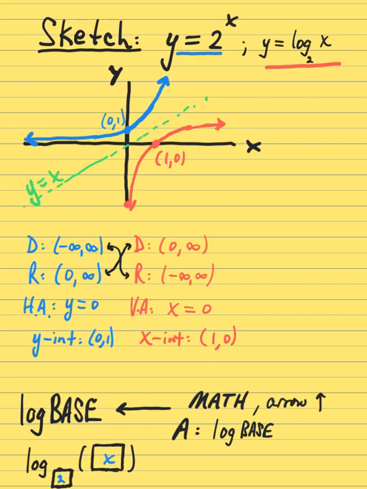If you don't have log base, there's a way around it. Your log button next to your 7, divided by the log button again, that's called change of base formula.